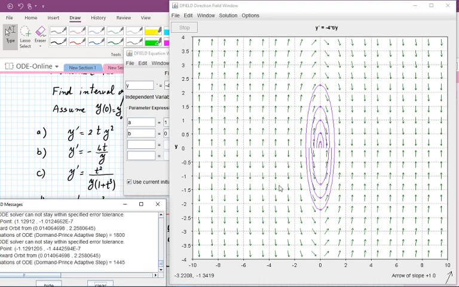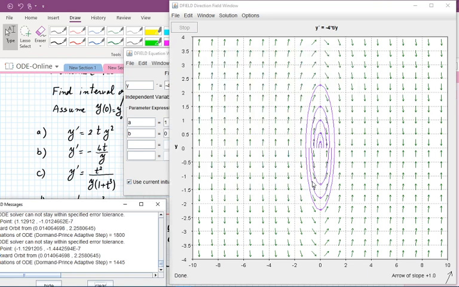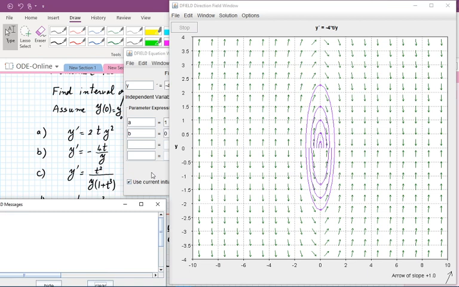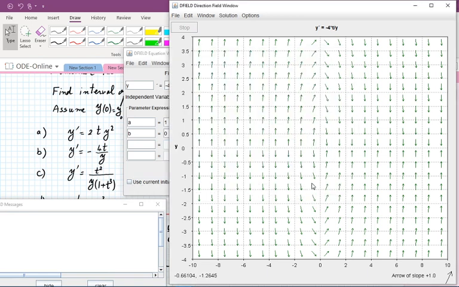I already graphed lots of, let me clear it so it took my surprise away. Why? Oh, this is the problem. I had to uncheck that so it wouldn't graph stuff for me.